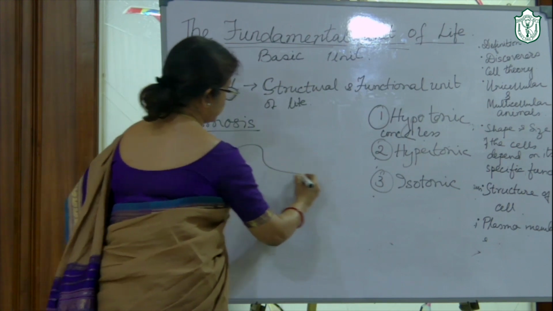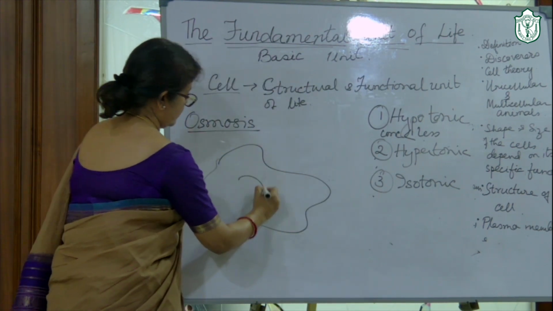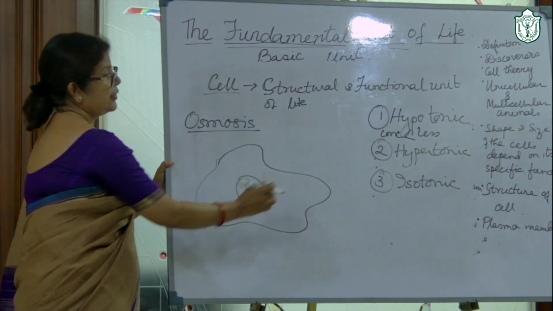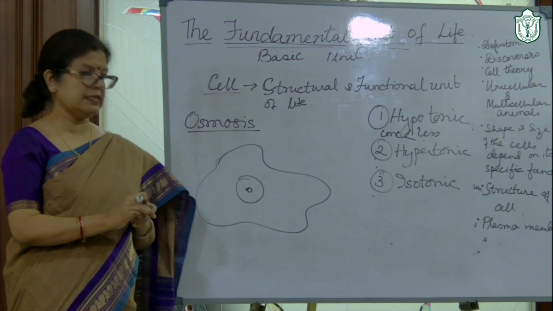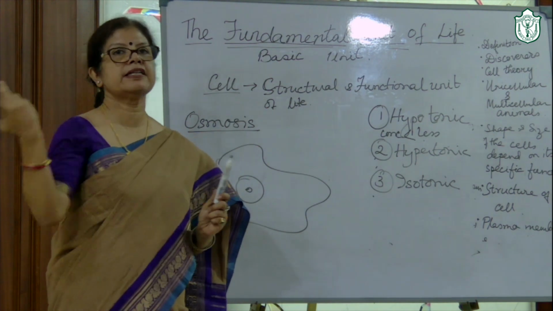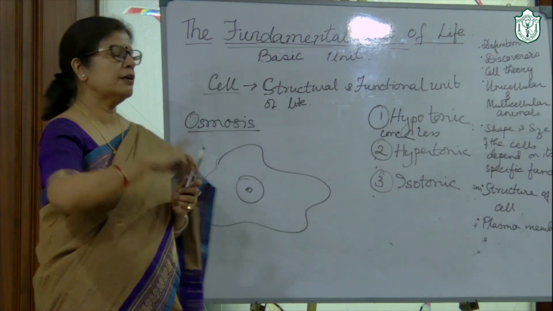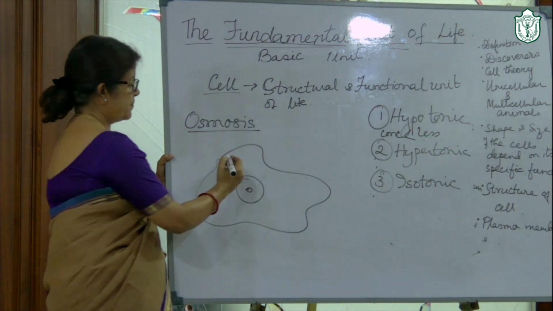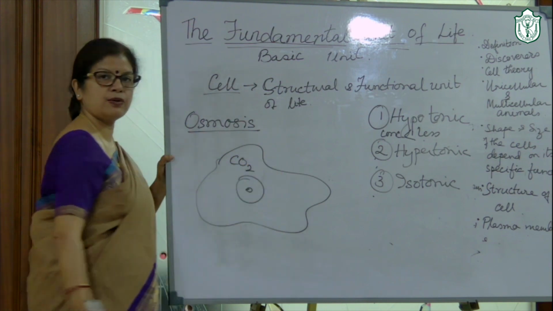I am drawing an amoeba here. This unicellular organism is respiring with the help of oxygen. This one cell is performing the function, and by respiration it is producing carbon dioxide, CO2.